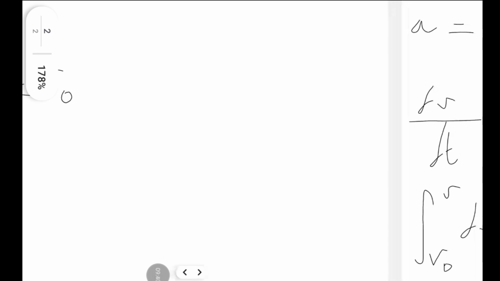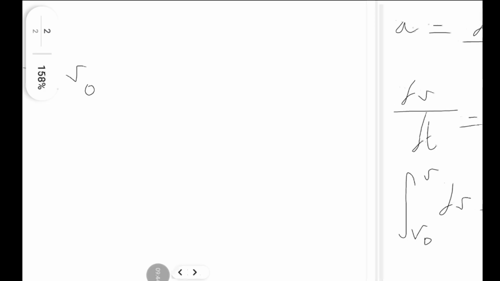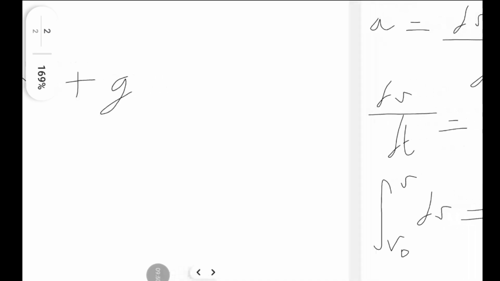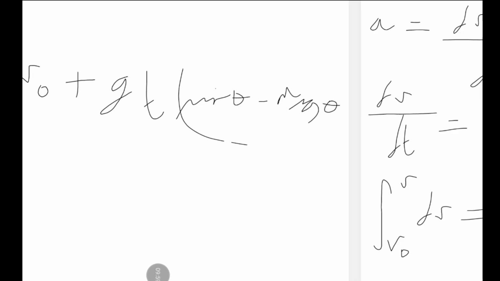Once you integrate that, you get v minus v0, because of the integral, is equal to g t times sine of theta minus mu cos of theta. That's the general form you get. It's not clear, sorry.